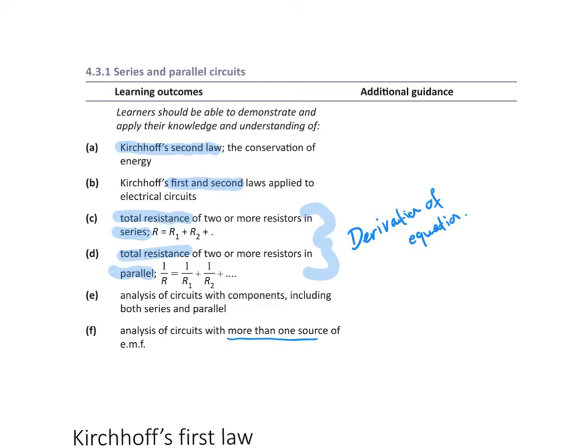So before I start, we know that there's a lot of circuits that we use in our everyday life. So most of those circuits are not simple. So very rarely will you find a simple circuit of a series connection or a parallel connection. Maybe in tree lights, Christmas lights, in the past they used to be connected in series, but now they're connecting them in parallel, which is much easier, and you understand why after this chapter.